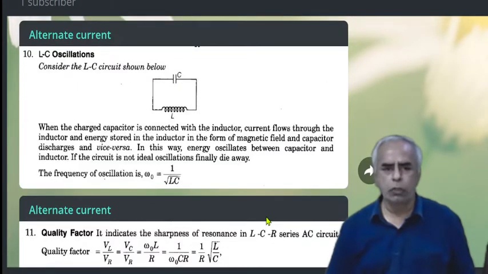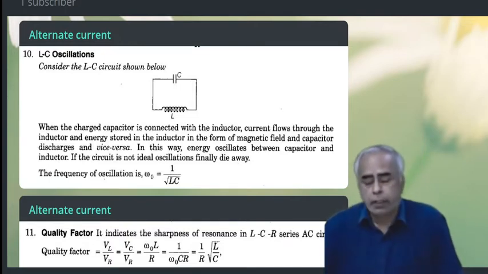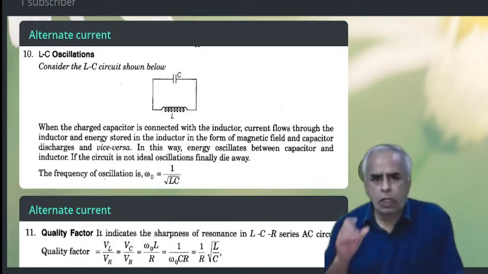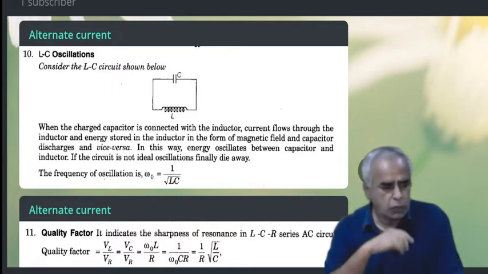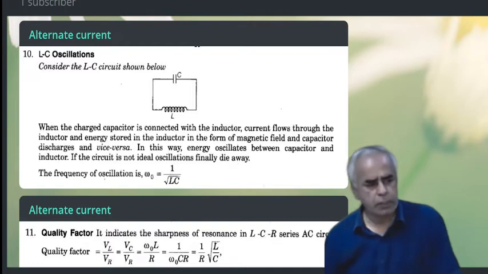Next, let us talk about LC oscillations. Let us consider this capacitor and the inductor. They are connected, and the circuit is given here. The capacitor is duly charged. You know very well, a capacitor is the device where you can store stationary charges.